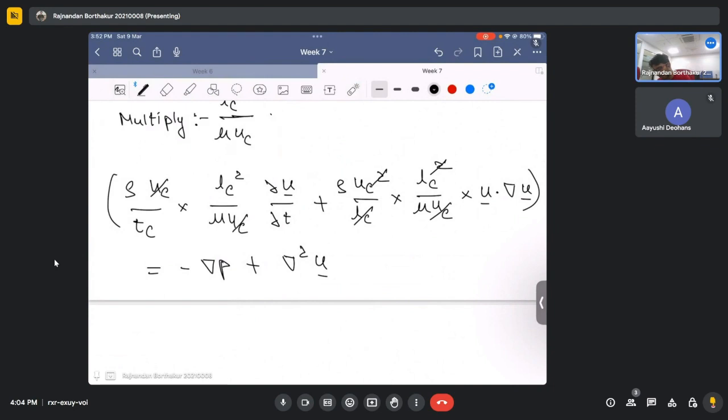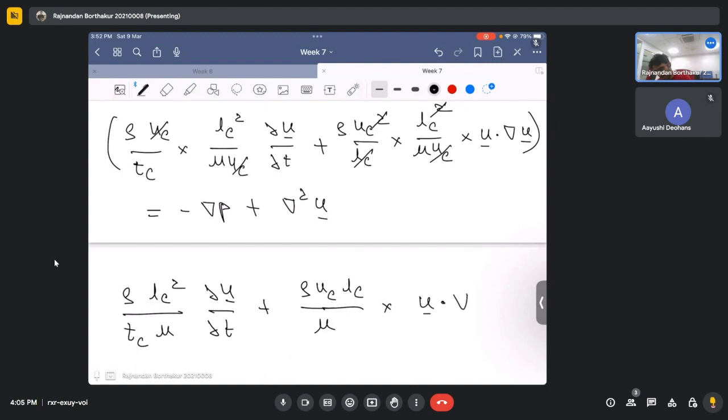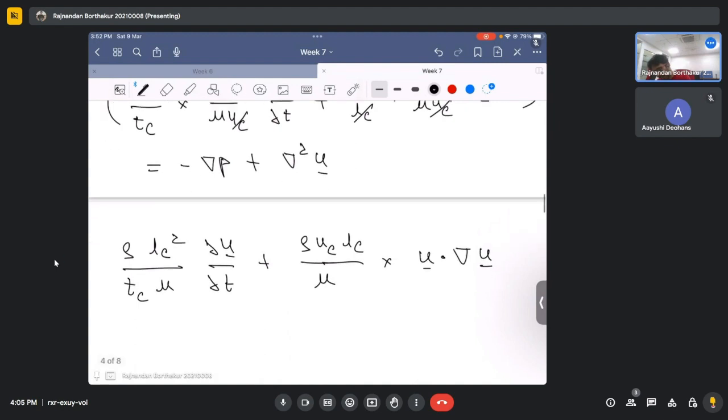Let's see what we get. This term becomes rho times LC squared by TC into mu, into del U bar by del T, plus rho times UC LC by mu into U dot grad U, and this would be minus gradient of pressure plus del square U bar.